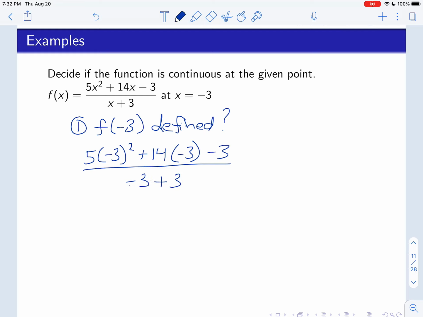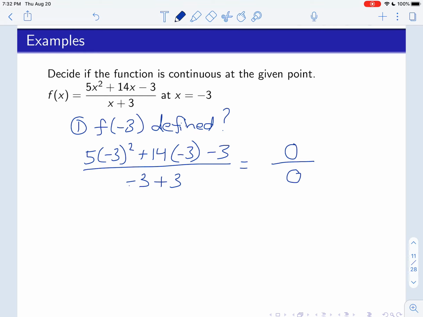-3 plus 3. Ooh, I'm already seeing a problem. I've got a 0 over here in my denominator, and that's not going to do very good in terms of existing. In the numerator, you should come up with a 0. Ooh, I got 0 over 0.